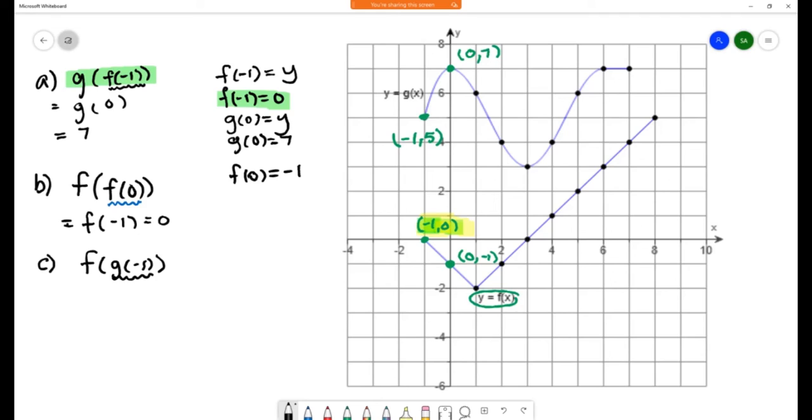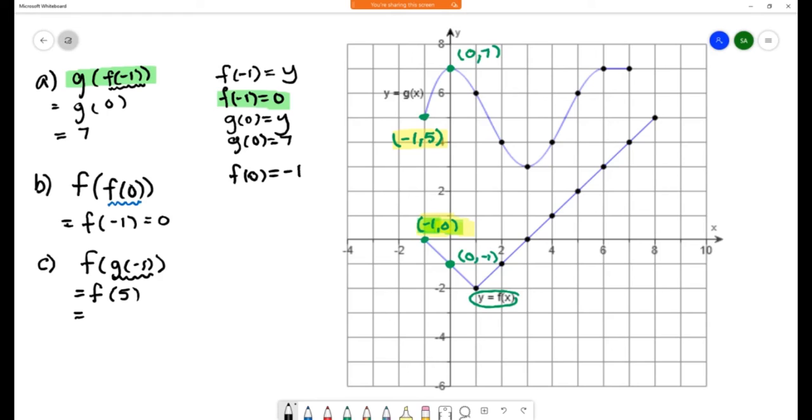I didn't misspeak there. But now I did misspeak: g of -1 is 5.